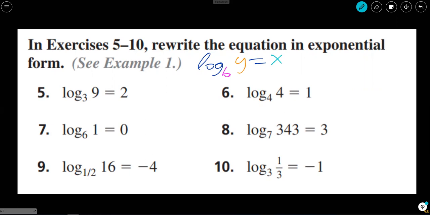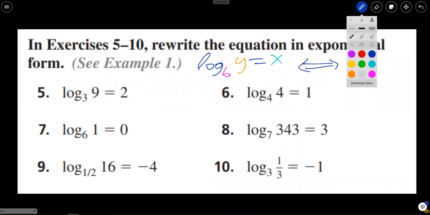It says, what power of b will give me y? So it's asking for the exponent, if b to the x equals y, which means we've got an equivalent exponential statement. We can say b to the x power equals y.